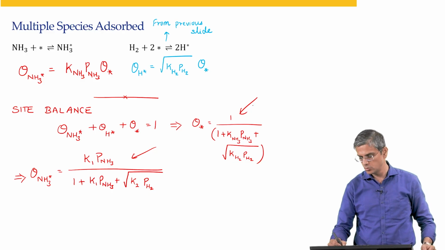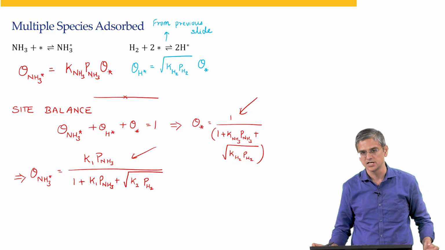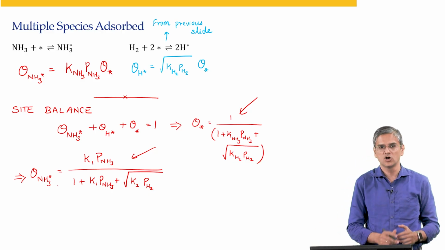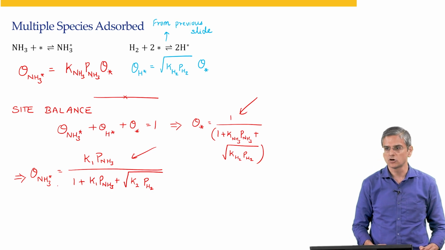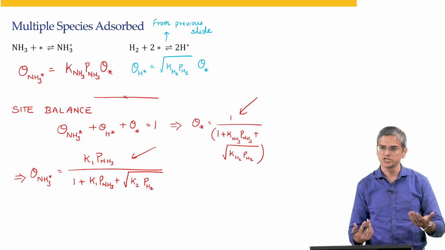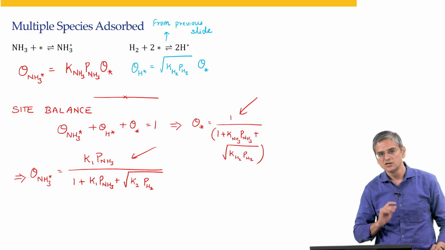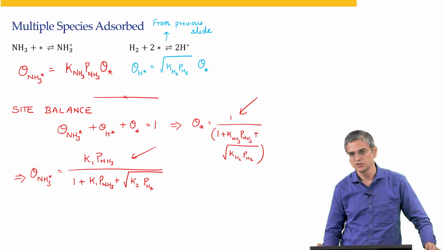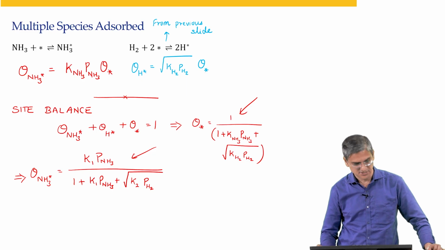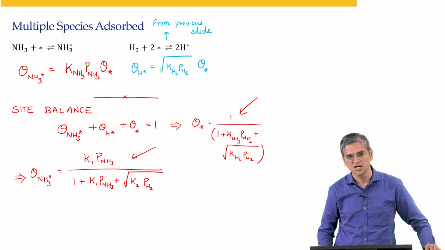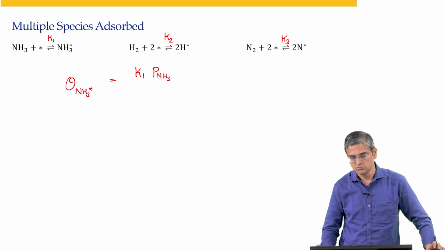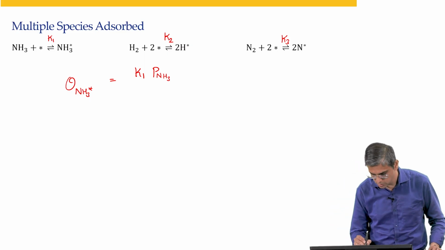That is why over here I have used KNH3 and KH2, and because we are talking about a snapshot of what I am showing over here, I have used K1 and K2. This is not a mistake. This is just to tell you that conventions are for our convenience.